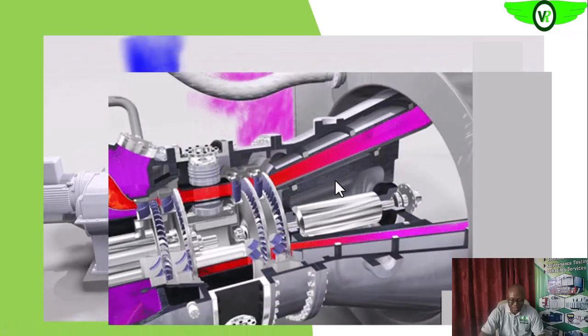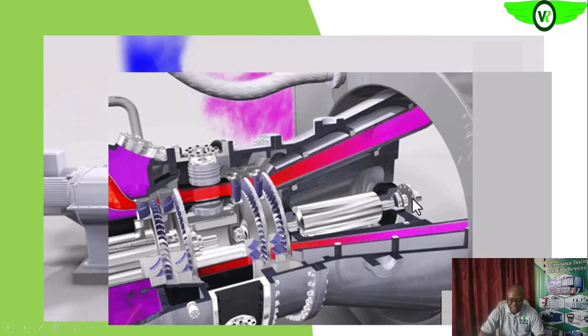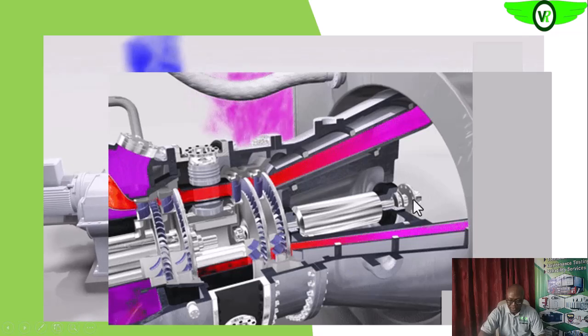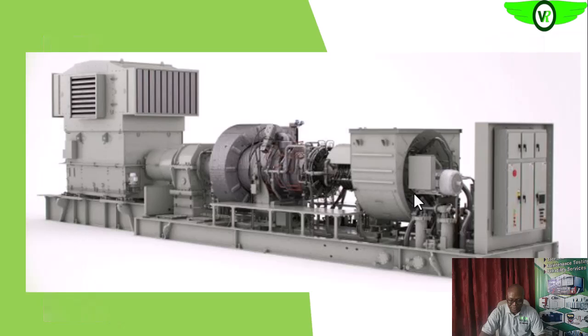So that is what you are also seeing here. We need this rotating mechanical energy to drive our load. So this is the fully coupled gas turbine. Here, this is the starter module.